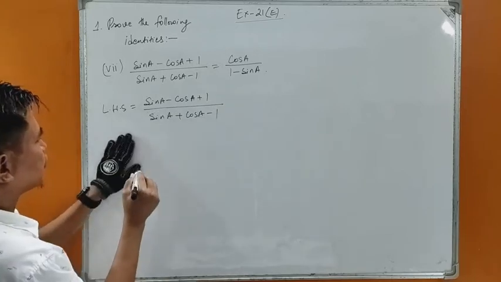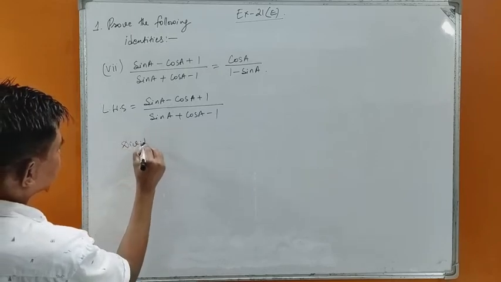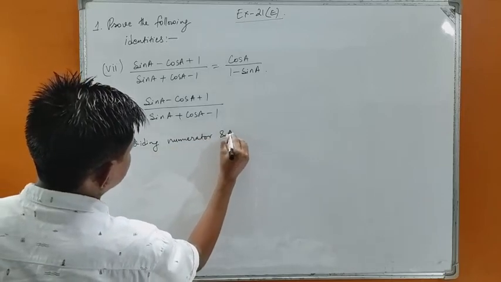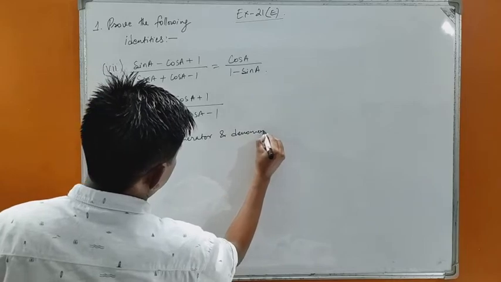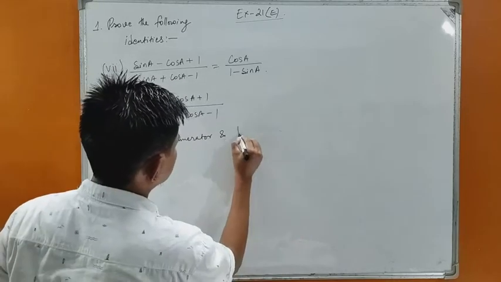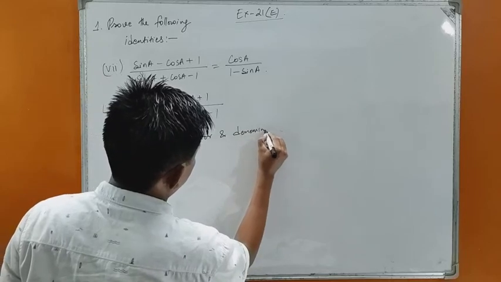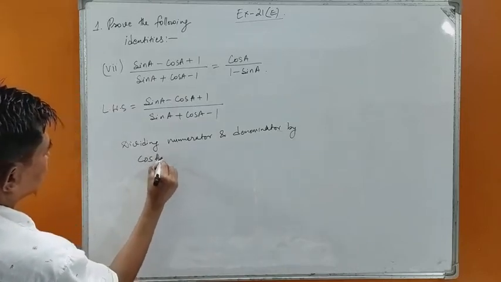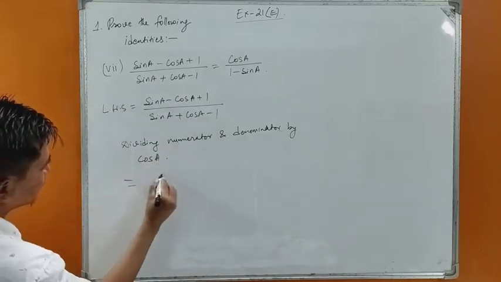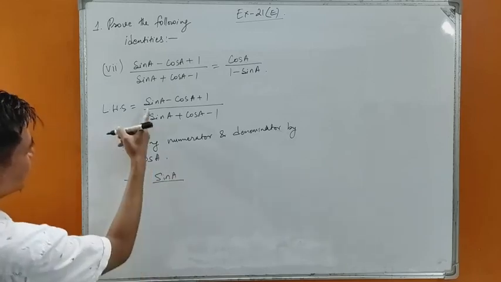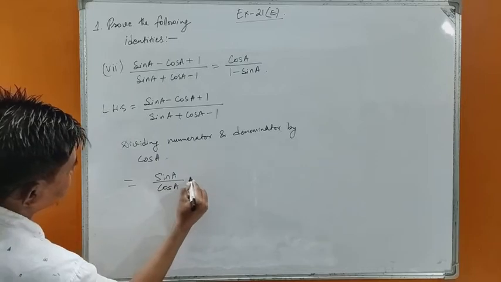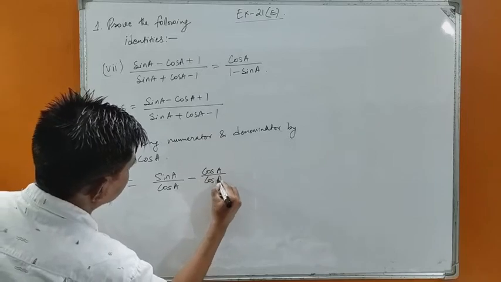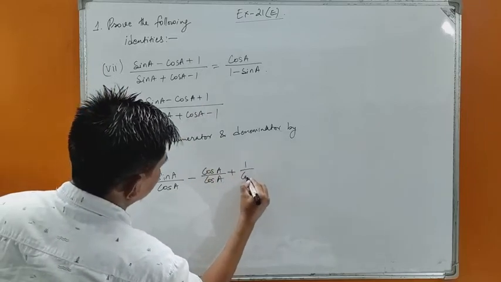Dividing numerator and denominator by cos A. So sin A by cos A minus cos A by cos A plus 1 by cos A, isn't it?